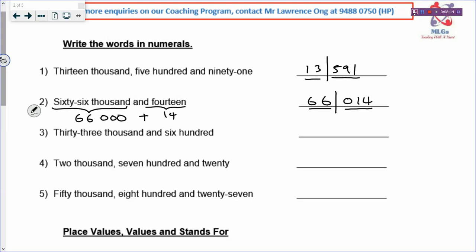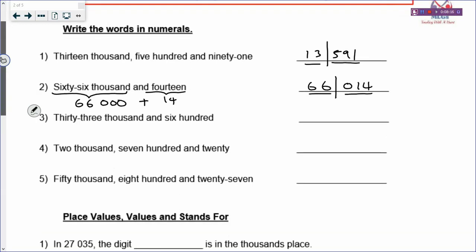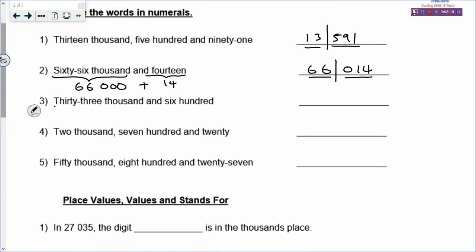Now how about the next one, number 3? What number is that? You have 33,000. So I will write it into numerals, and then 600, and then you add them together. If it's easy, then you do it mentally. But if it's too hard to add them mentally, then you do working. So you have 33,600.